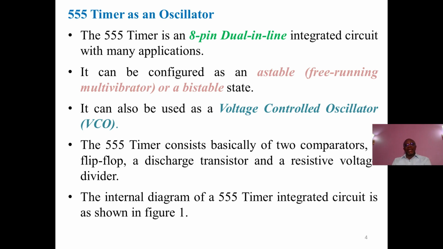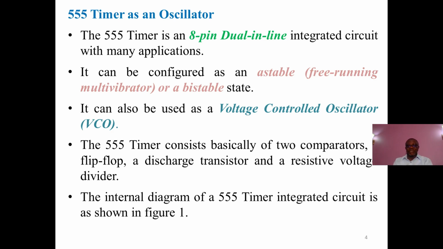This 555 timer can be configured as an astable or a bistable multi-vibrator. The astable form is sometimes referred to as free-running multi-vibrator. As we go on, we will see why it is also regarded as free-running. It can also be used as a voltage-controlled oscillator, VCO.